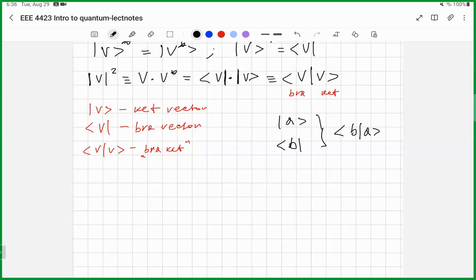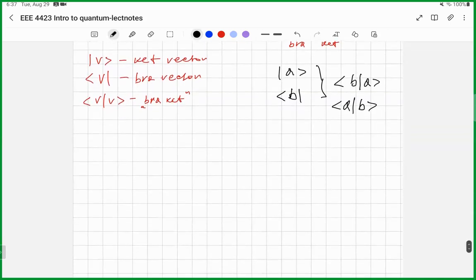And of course, if I have a cat, I can write the corresponding bra vector, and the same for B. For the bra B, I can write a cat, so I can also write something like A times B. That's also possible for any two vectors. They can be different, can be the same.